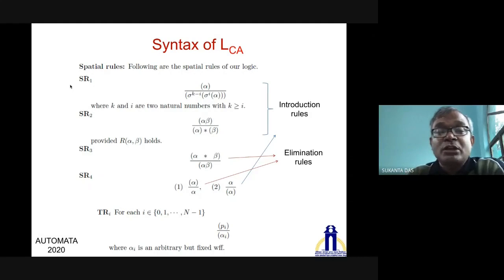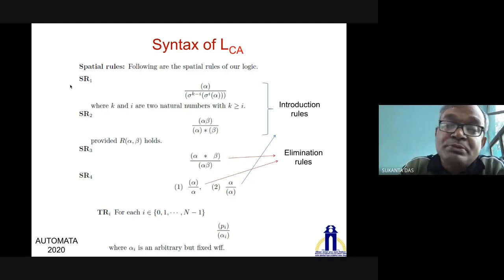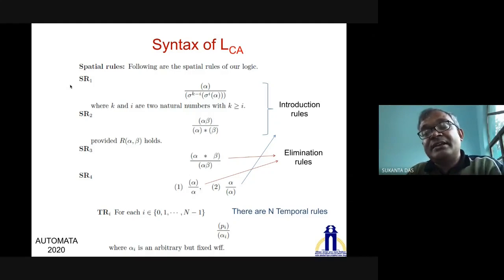Temporal rules deal with these atomic WFFs. If I find an atomic WFF pi, then pi can be replaced by alpha i, where alpha i is a WFF. So pi, we know, is an atomic WFF, where alpha i is an arbitrary but fixed WFF. So obviously there are capital N temporal rules. So these are the rules of the logic.